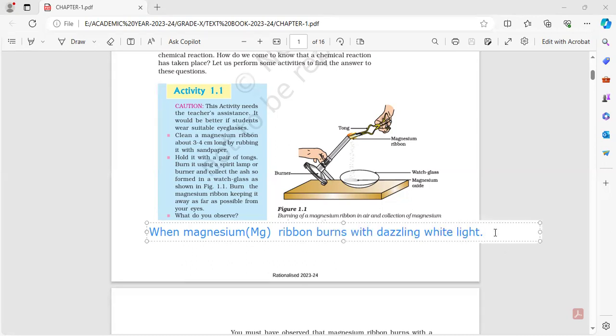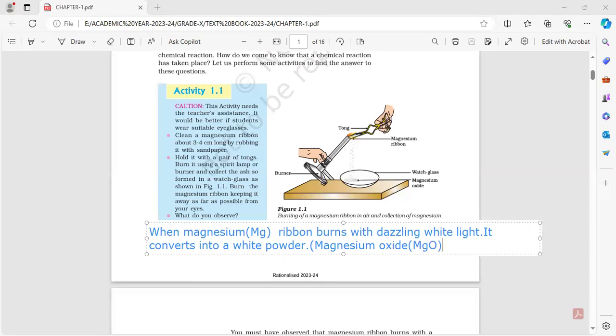After that, the magnesium metal converts into a white powder, and that white powder is called magnesium oxide. I'll write the formula MgO. This is magnesium oxide.